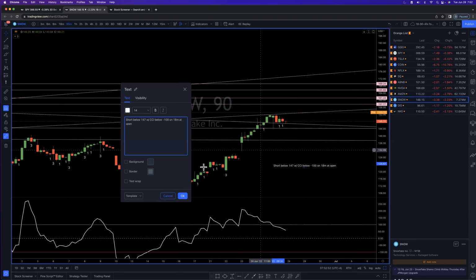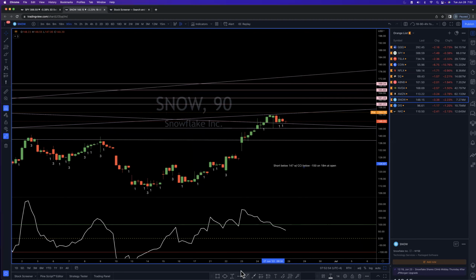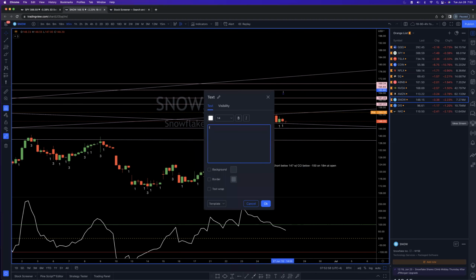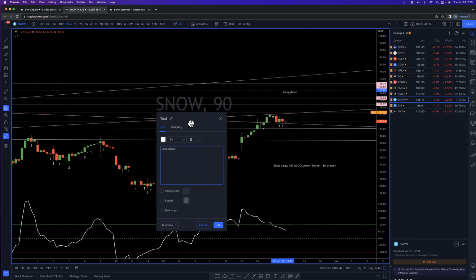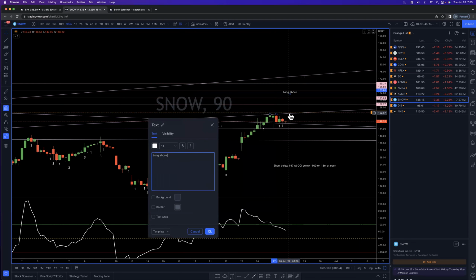Okay. And then we'll go long above this range, so we'll call it 153, with CCI above +100 on the 18 at open.